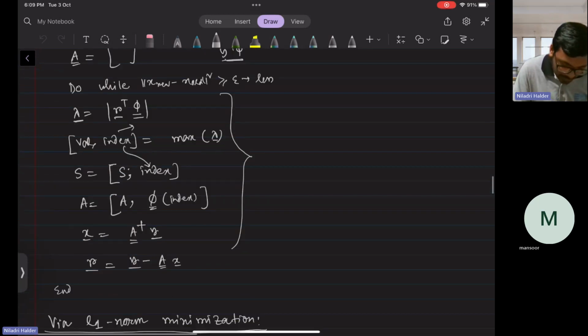Then we run a loop and find lambda equals R transpose phi, find the position of the maximum absolute value of lambda, then find that column of the measurement matrix, and then find the sparse vector x using the pseudo inverse of A times y. So this is the process. I will follow this algorithm to estimate the sparse signal.